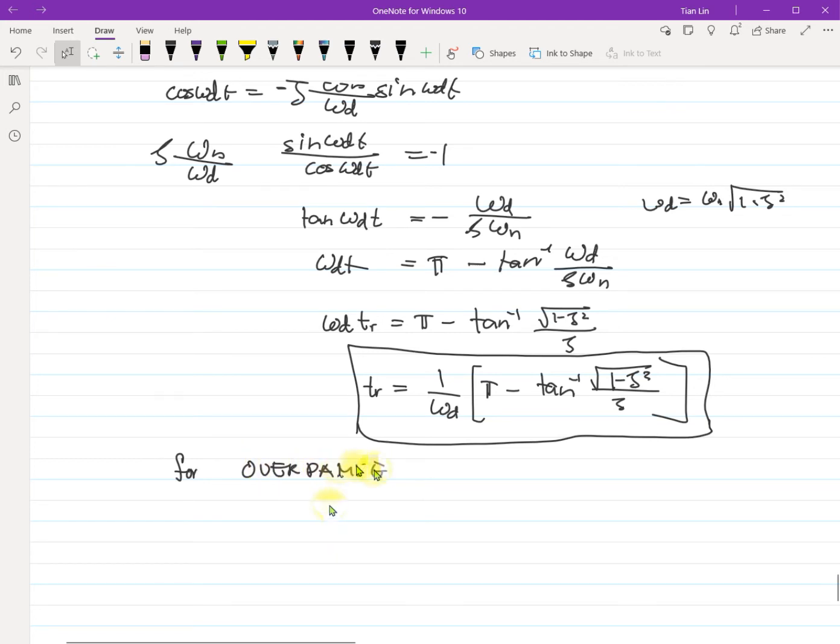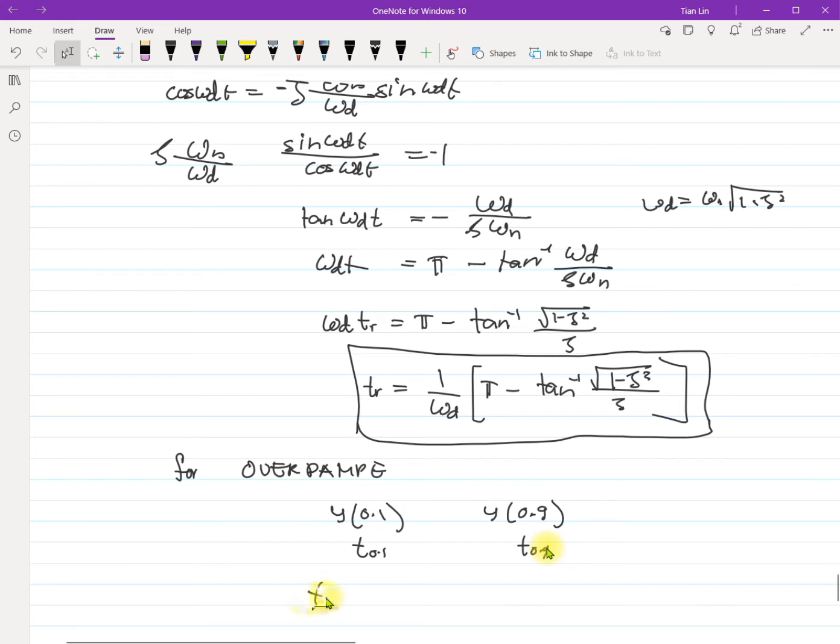So the rise time will be equal to, you need to substitute y at 0.1, then y at 0.9. Substitute 0.1 and 0.9. So you have time at 0.1, time at 0.9.